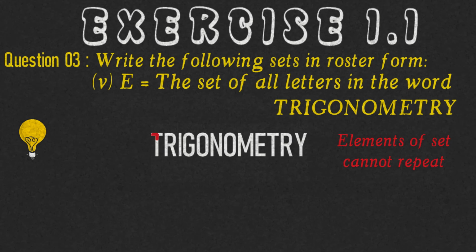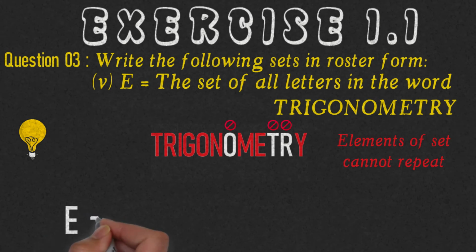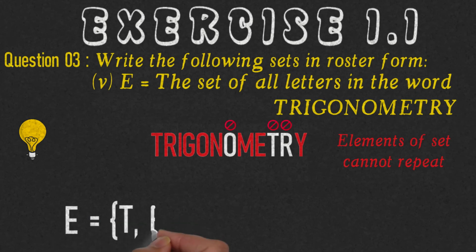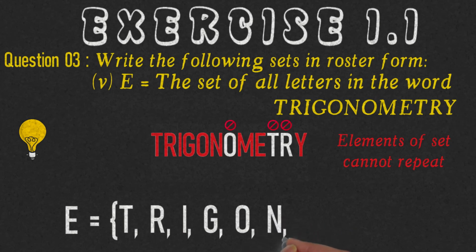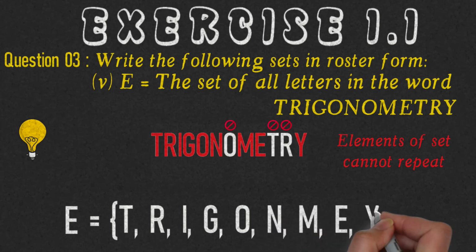The letters are T, R, I, G, O, N. No need to write O again. M, E. No need to write T, and R, again. Lastly, Y. Now, let's write the roster form of the given set, using these letters in red. That is, E is equal to set of T, R, I, G, O, N, M, E, Y.